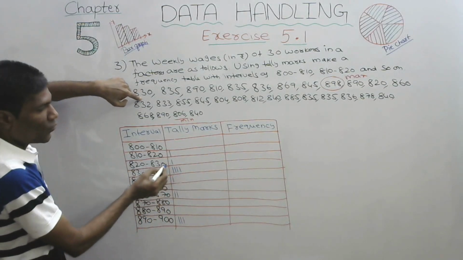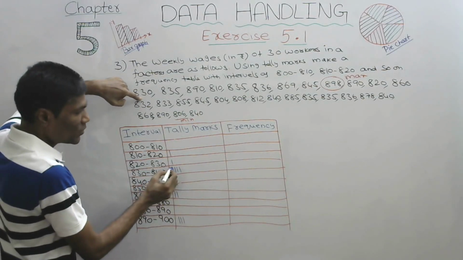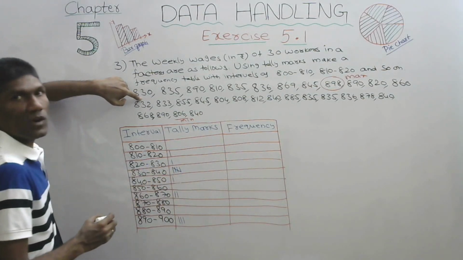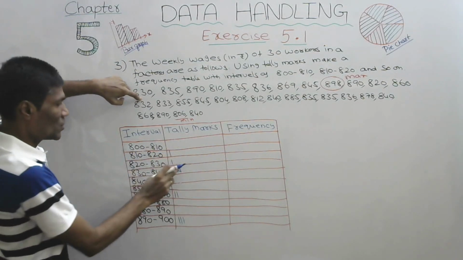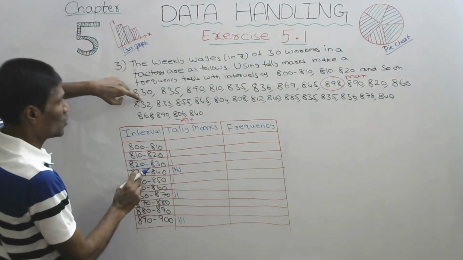So when 4 are completed, by using a slant line, we will draw like this. This is one set of 5 tally marks. So what is this? We have taken 832.